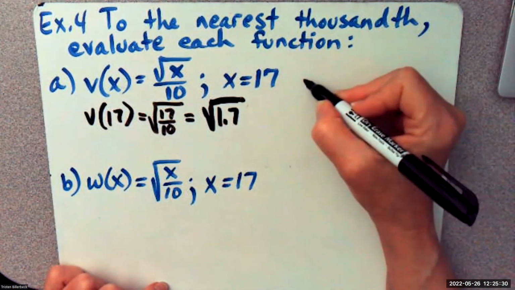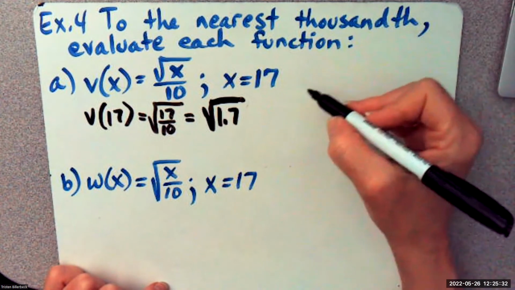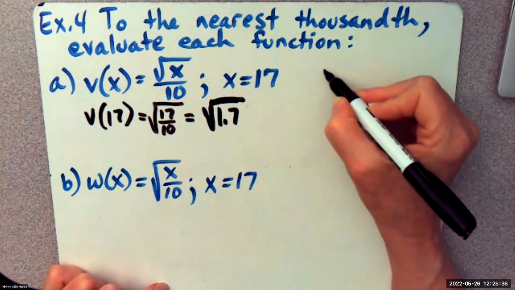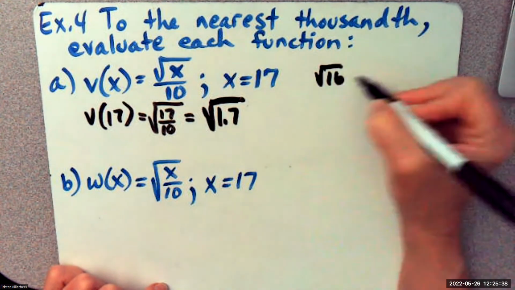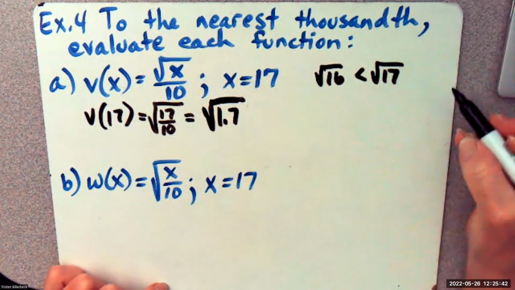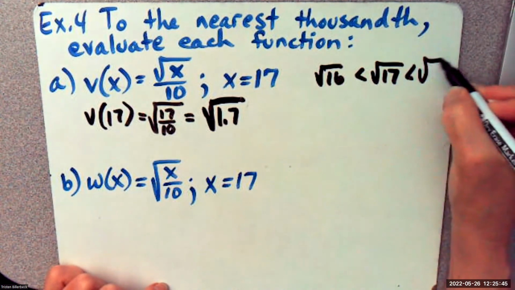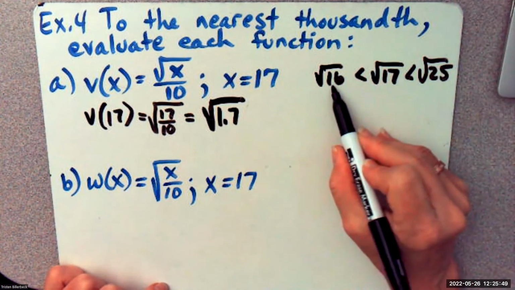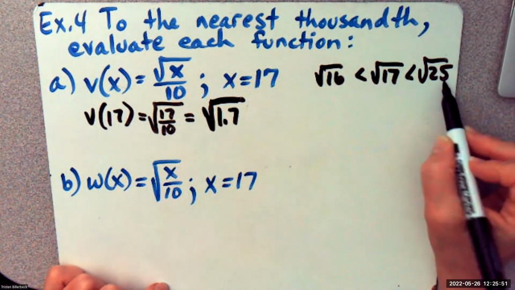So 17 is between 16 and 25. So we've got the square root of 17 between the square root of 16 and the square root of 25. It's much closer to the square root of 16 than it is to 25.